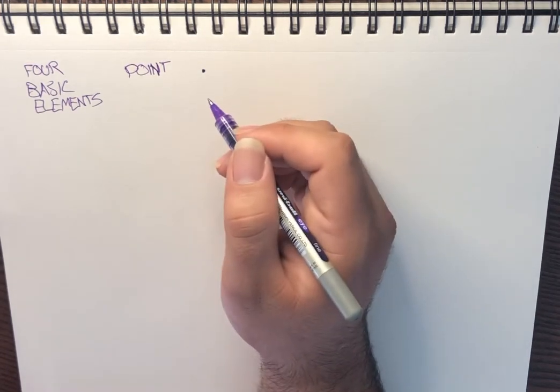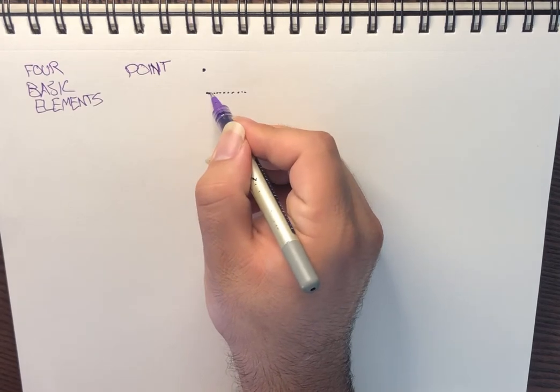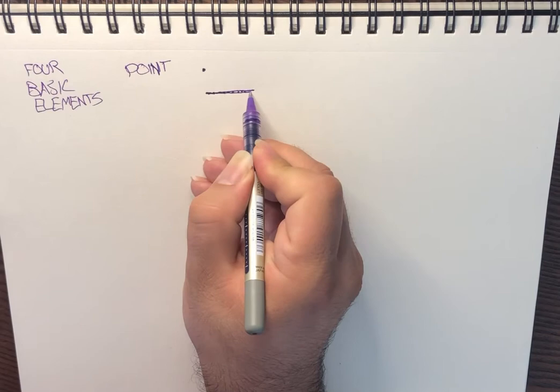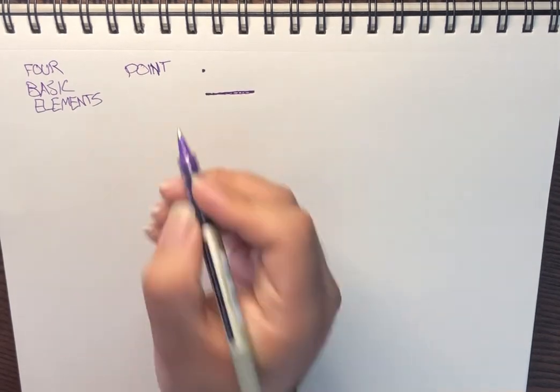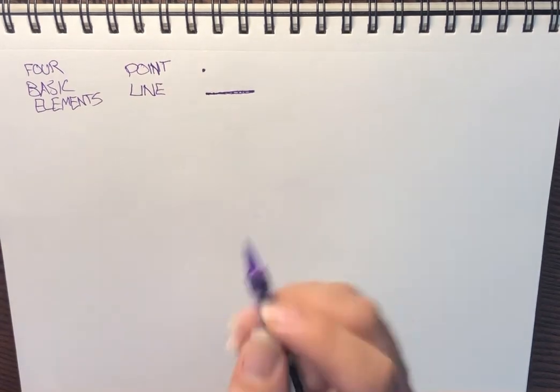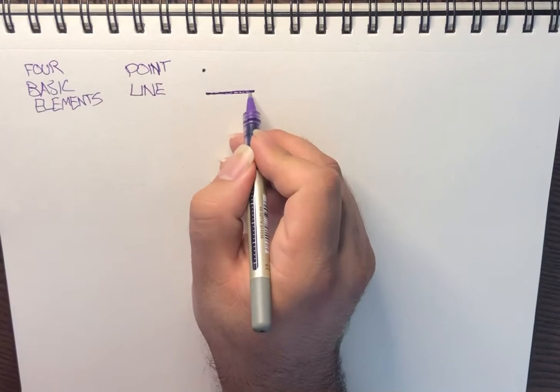So if we repeat them, we will have line. So line is the next element that we have.